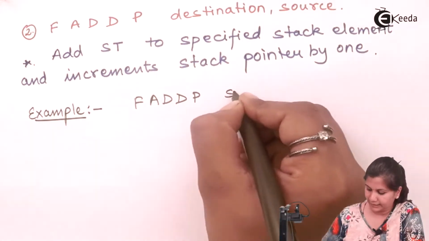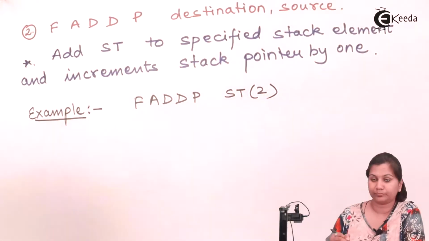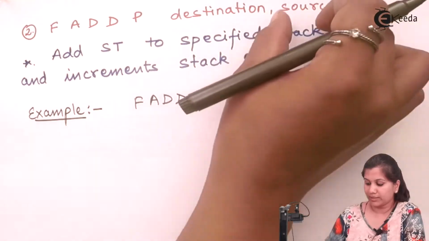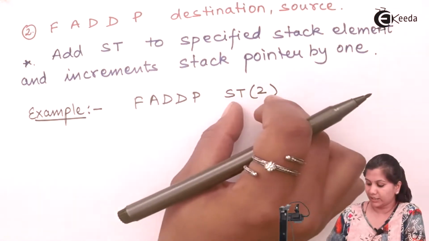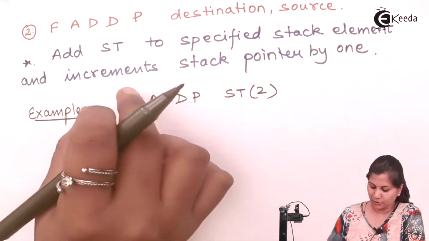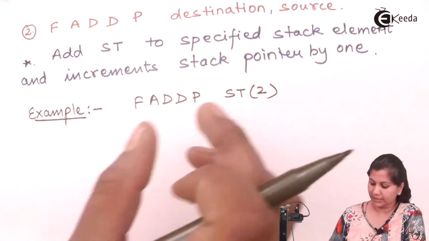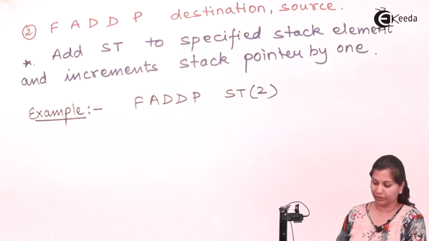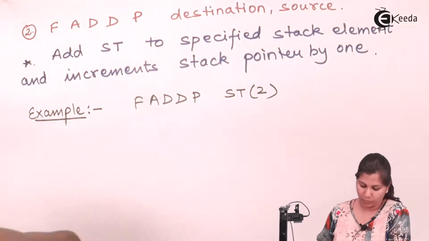FADDP and then ST2. So just the source is specified. This ST2 is added with ST and the result is stored in the ST, and now again the stack pointer is incremented by 1.